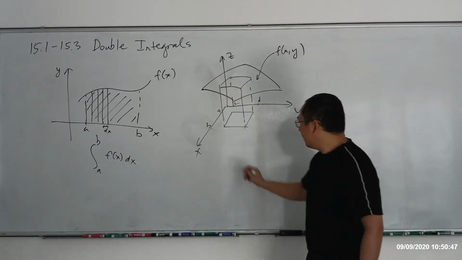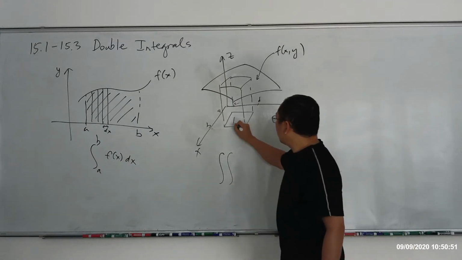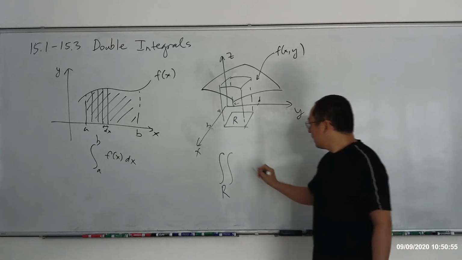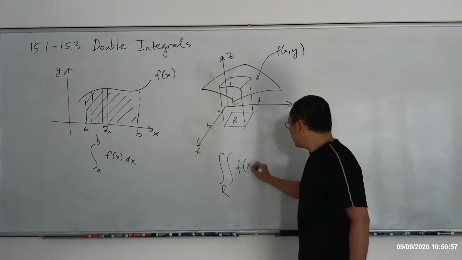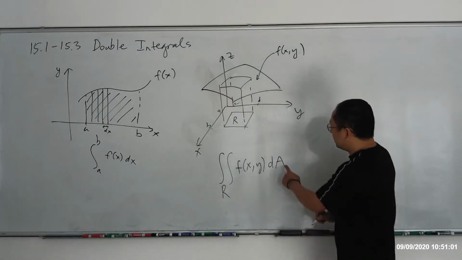And we write this as the double integral over the region, let me just call it R, R stands for region, in here it's rectangular, of f(x,y) dA. A here stands for the area.